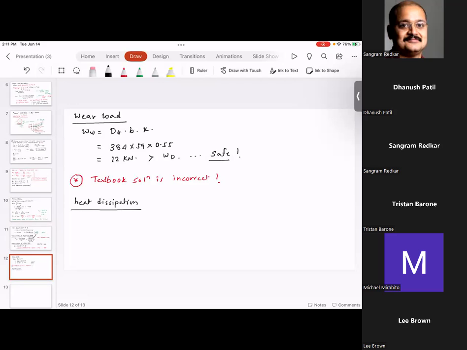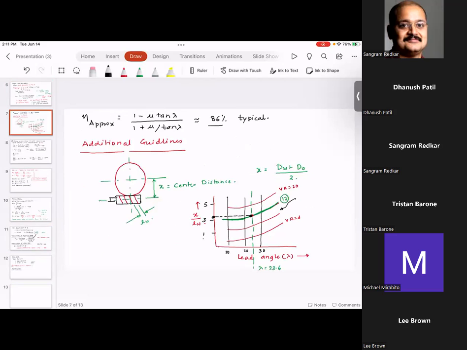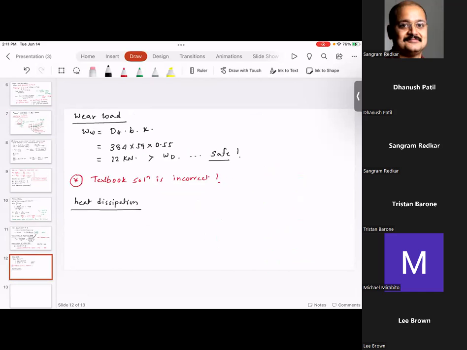We can assume an approximate equation for the efficiency, which is 1 minus mu tan lambda divided by 1 plus mu divided by tan lambda.